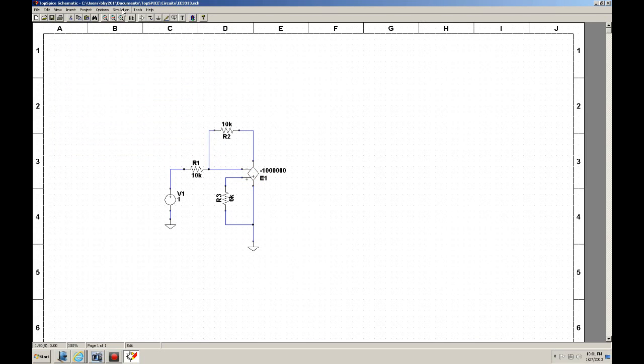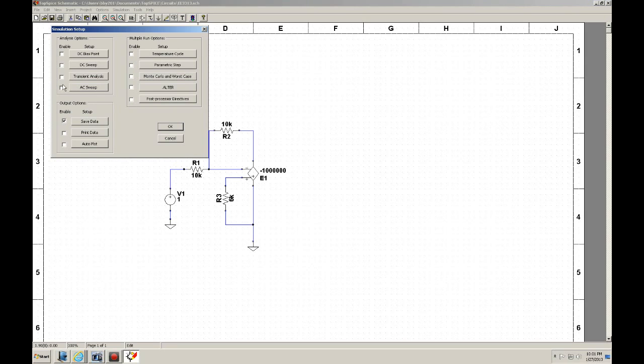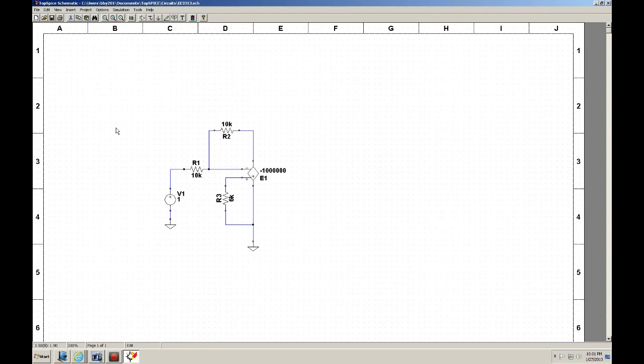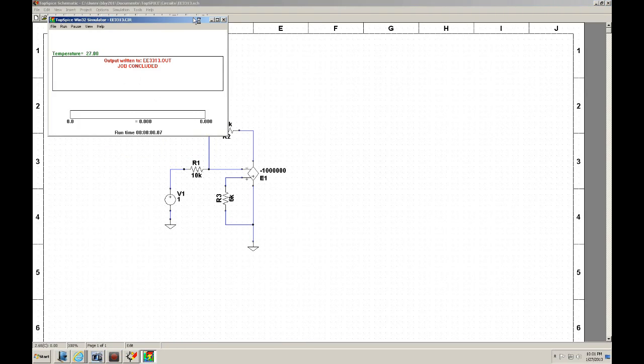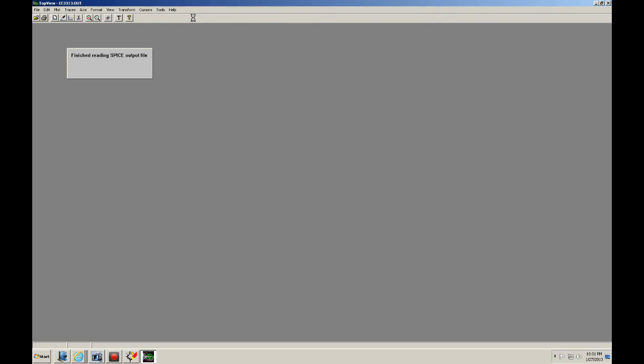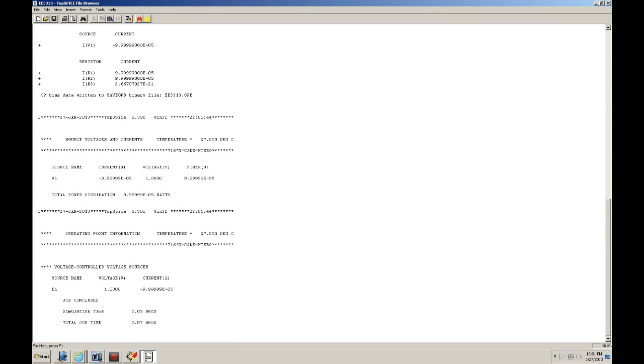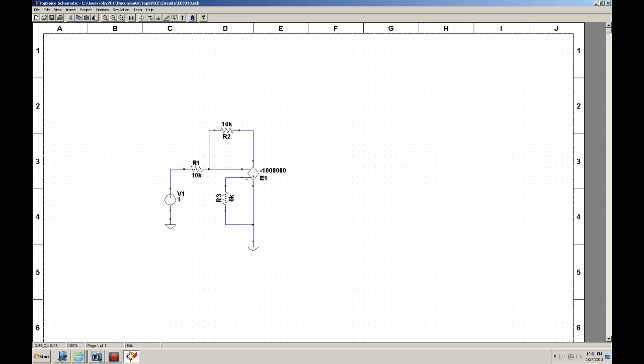Let's see if we can do the operating point. Let's see if it inverts the voltage. I got some kind of an error. Let's see if it works. And it actually works. It says 1 volt there. Wonderful.